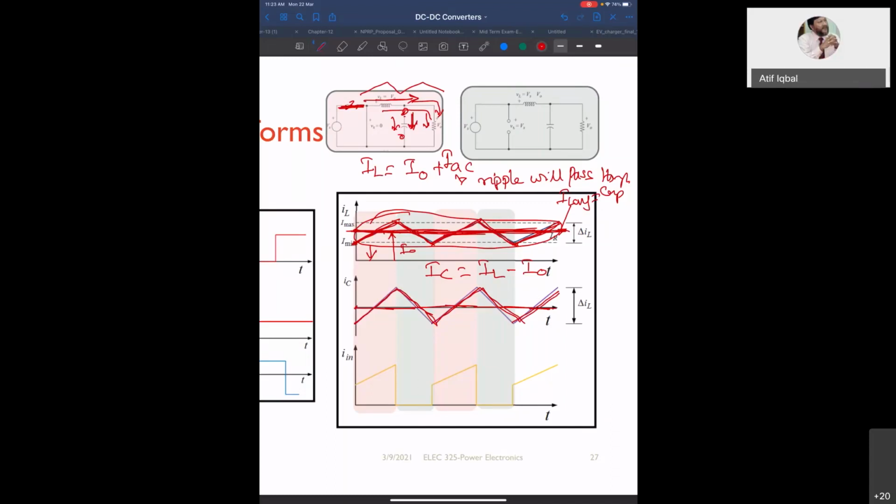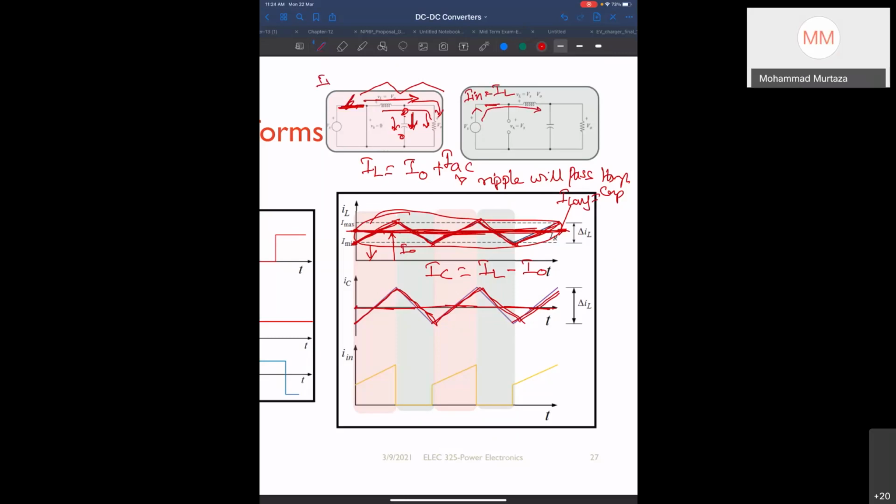Now, you see, if we want to draw the input side current, what is the input side current? When the switch is on, you have input current, which will be the same as your inductor current, because this is the current flowing through the inductor. But when it is off, what is the input current?